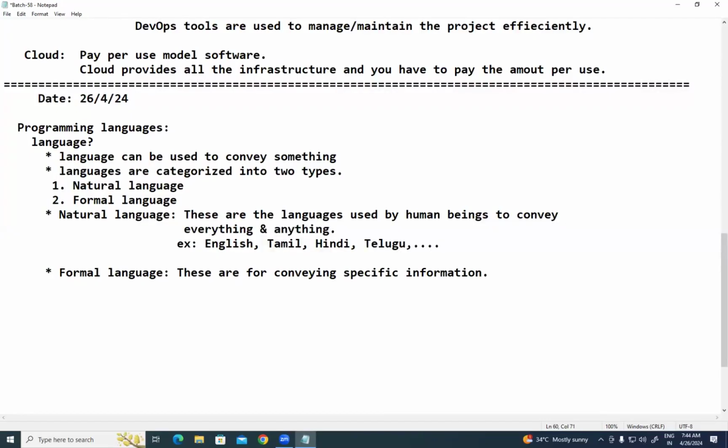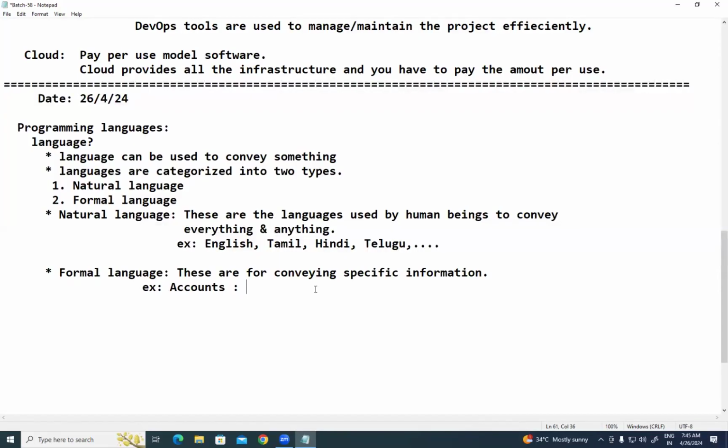For example, you take accounts. Folks, accounts come under which category? Formal language.